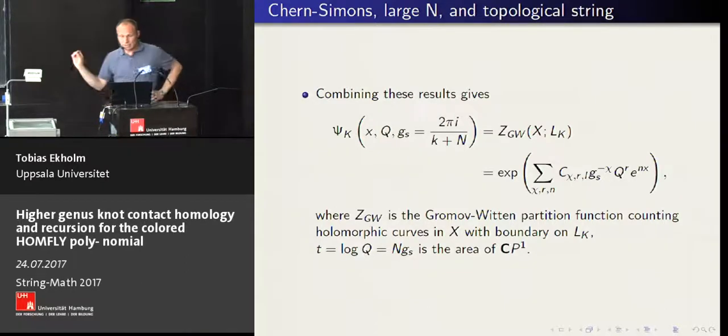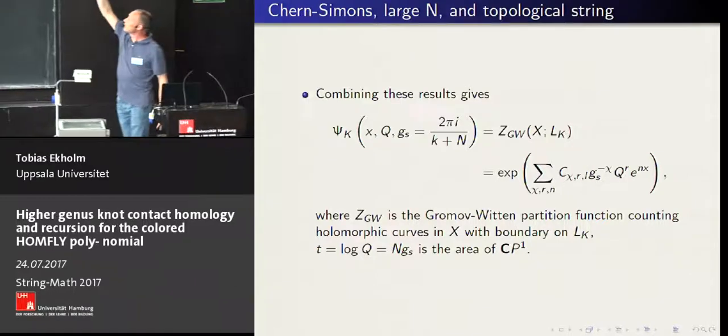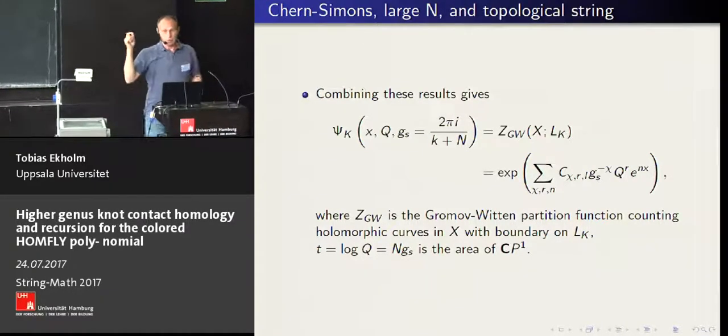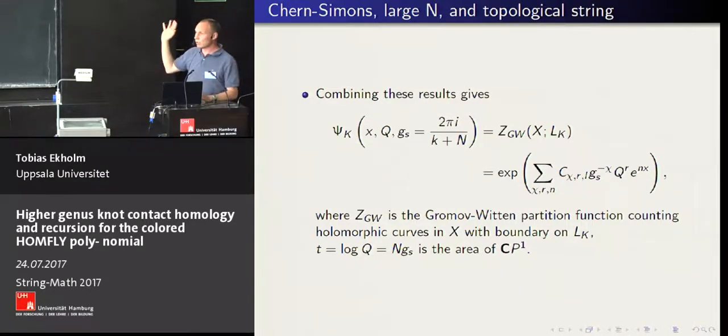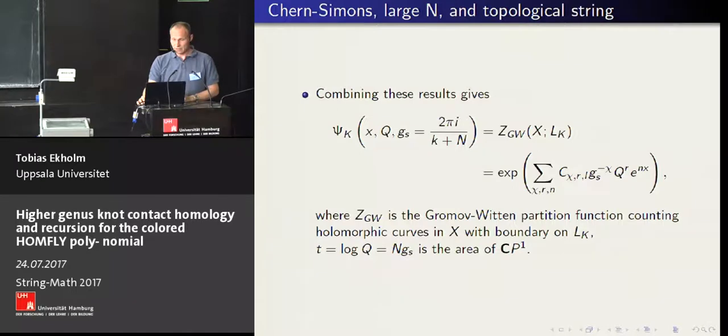Okay, but what we should just remember from this is that we will mainly deal at first with the right-hand side of this equation. So we will have this wave function which counts all holomorphic curves with boundary on L_K inside the resolved conifold.